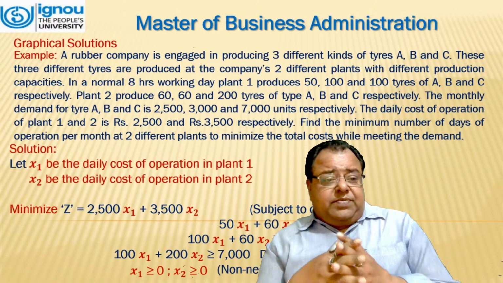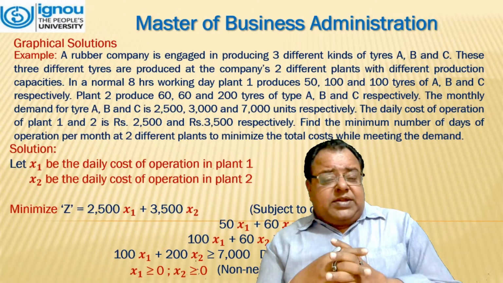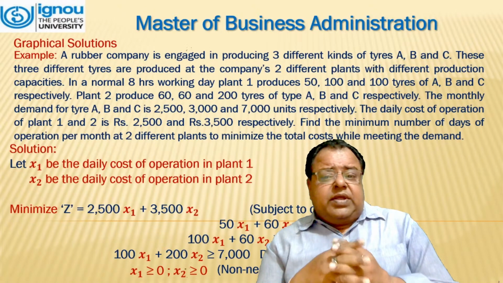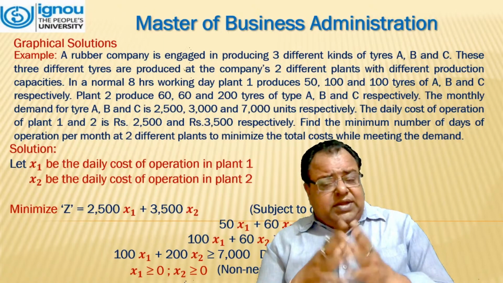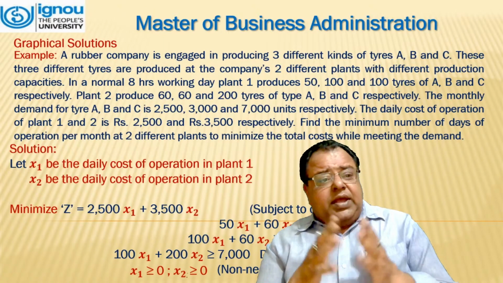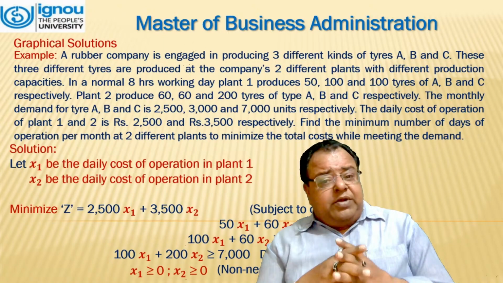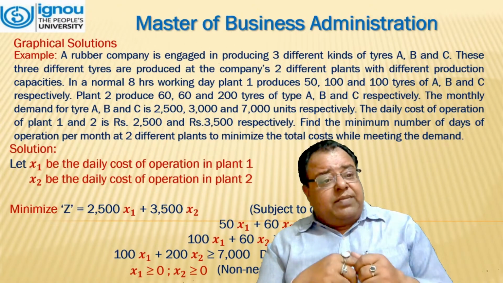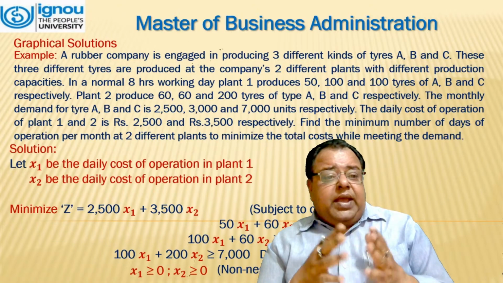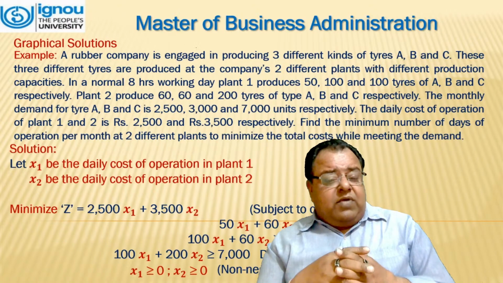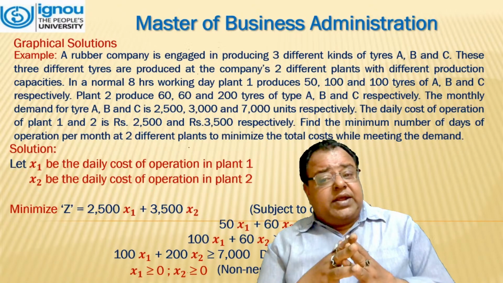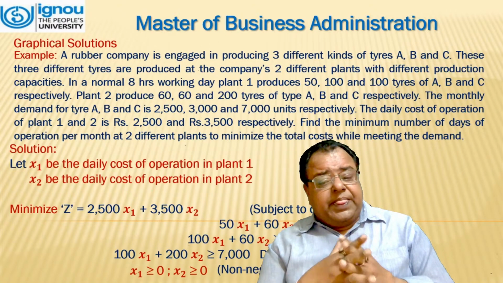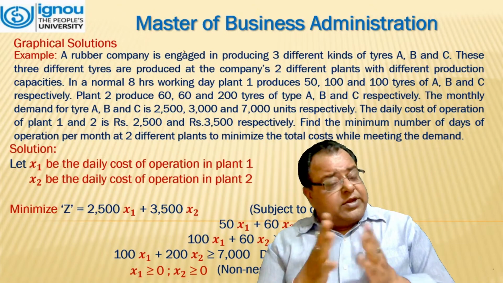The problem is a rubber company is engaged in producing three different kinds of tires A, B, and C. These three different tires are produced at the company's two different plants with different production capacities. In a normal 8-hour working day, plant 1 produces 50, 100, and 100 tires of A, B, and C respectively.